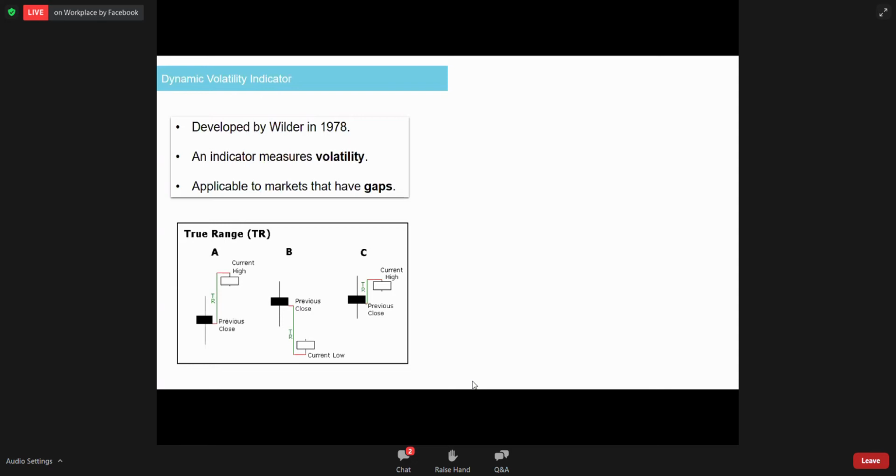If the high compared to the previous bar closing price is larger than the low compared to the previous bar closing price, then it will take the difference between the high and close for the true range. You do this for 14 bars, add up the 14 true ranges, then divide by 14. That gives you the volatility of the current 14-bar market range.